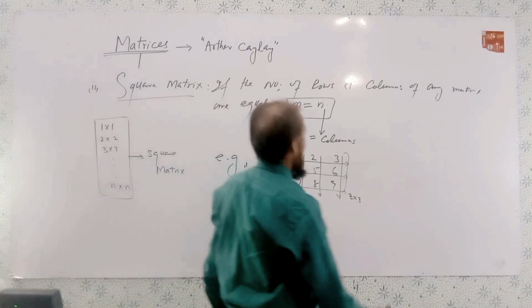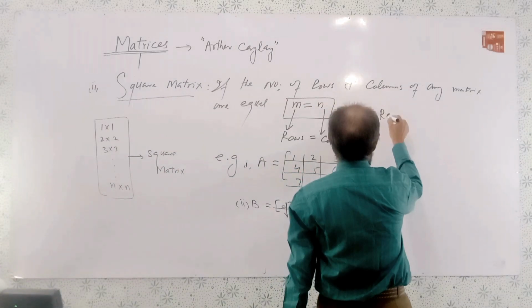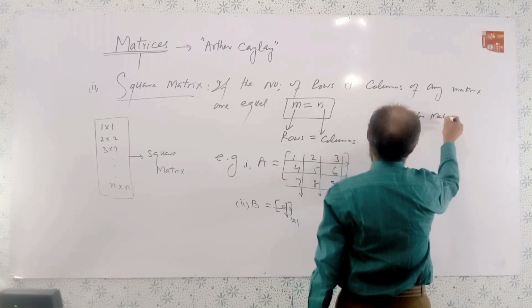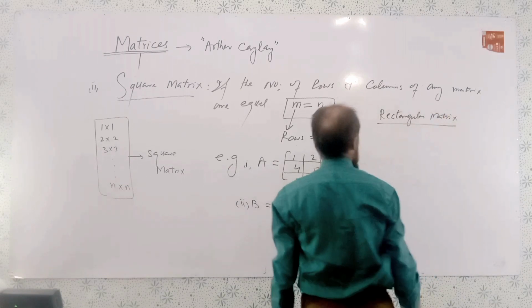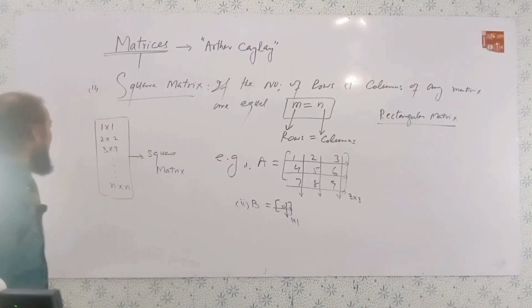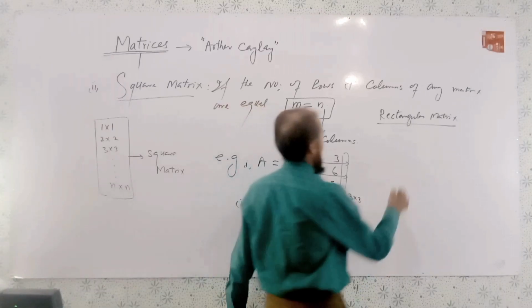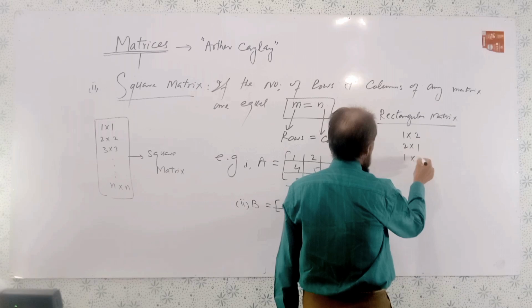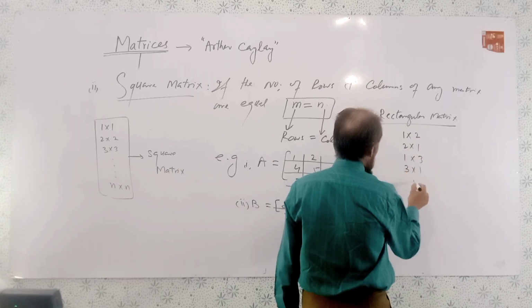What is the difference between a square matrix and a rectangular matrix? In a rectangular matrix the orders are different: 1 cross 2, 2 cross 1, 1 cross 3, 3 cross 1, and so on.